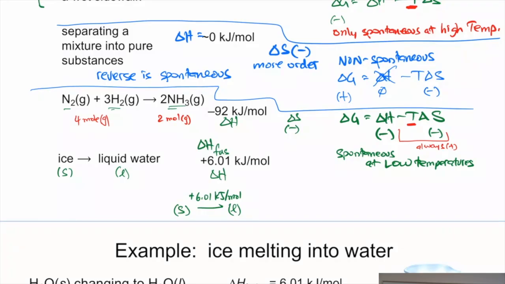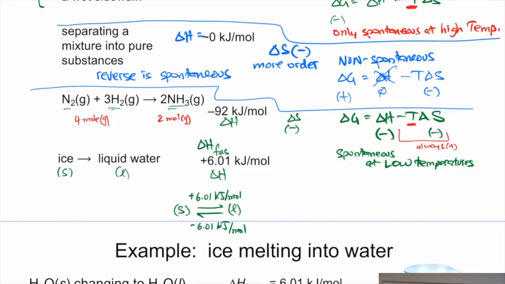If we're going from liquid into solid, it's the same 6.01 kilojoules per mole, but now we have a negative sign because the energy is coming out of the liquid. We're extracting the energy from the liquid. That gets it to go from the liquid into the solid.